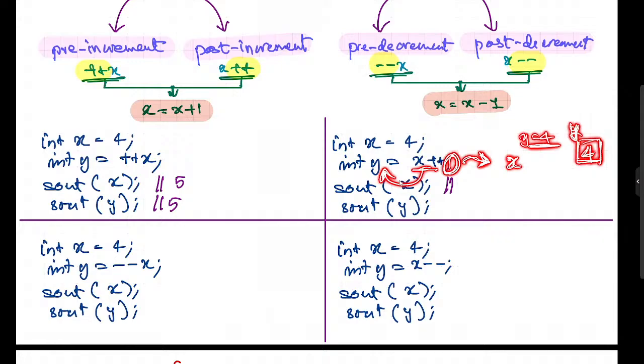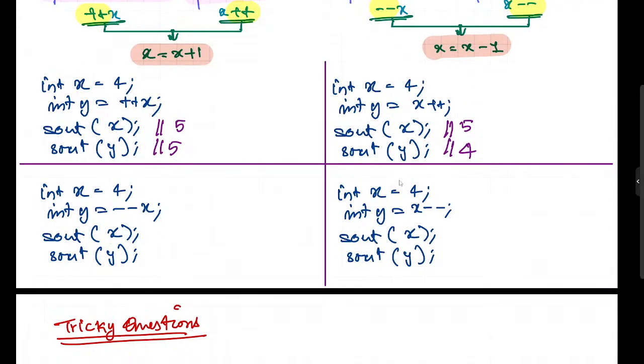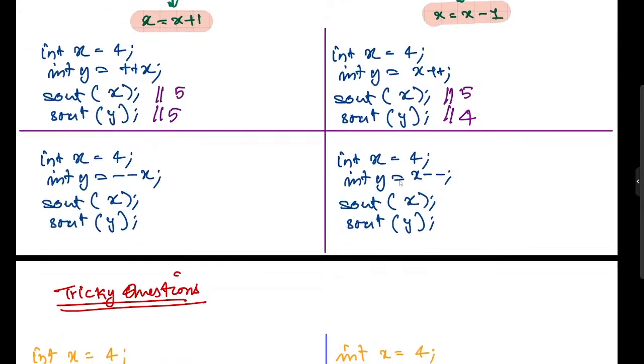And then x will be incremented. So after the semicolon, x is definitely 5, but y is 4. Why is it 4? The reason is very simple: because it's a post increment. It will increment after the semicolon.